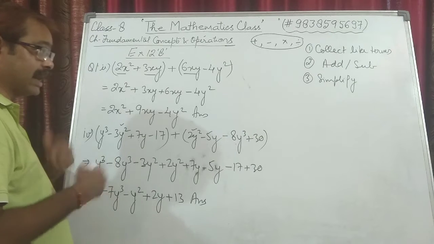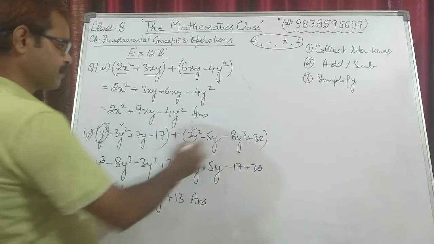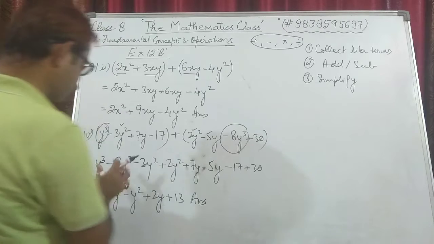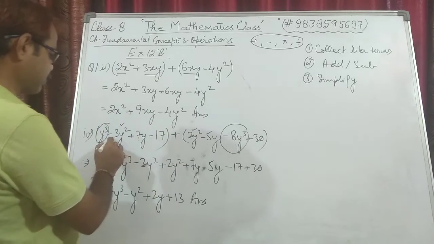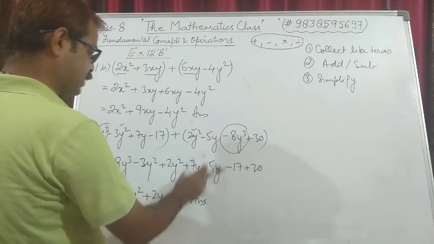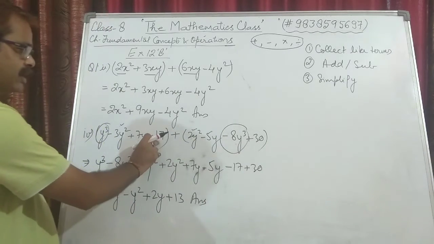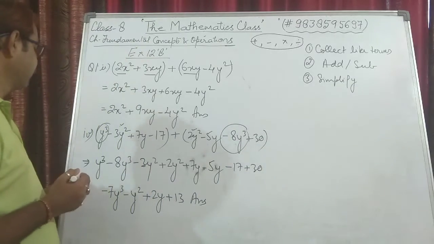I have started collecting the like terms. So y cube and minus 8y cube are like terms, so they are collected. Then minus 3y square and plus 2y square are collected. Then plus 7y and minus 5y are collected. And then finally the constants minus 17 and plus 30. So we solved it out. This is the final value.